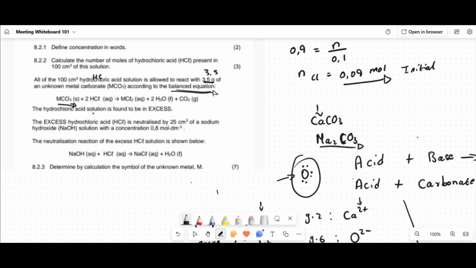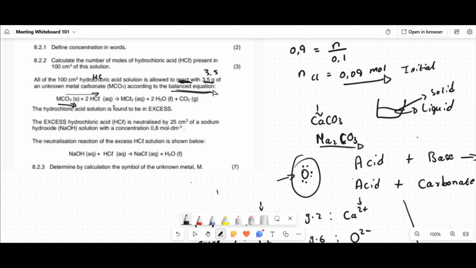And another thing that you need to note, if I mix a liquid with a solid, my volume is not additive unless stated otherwise. Because in this case, they said they are allowed to react. Now, we are going to react metal carbonate and HCl. Your volume is not additive.